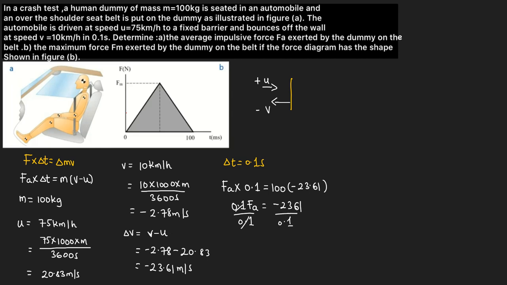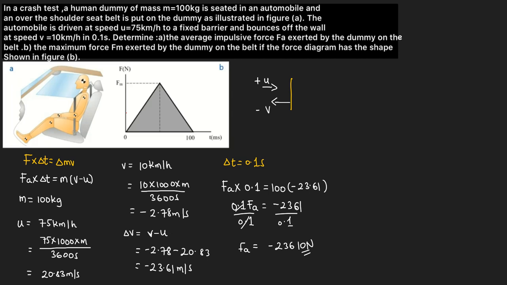So let's see what you are going to get for Fa. 2361 divided by 0.1 gives us Fa equal to minus 23610 Newton. This is the answer you are going to get for the average impulsive force.